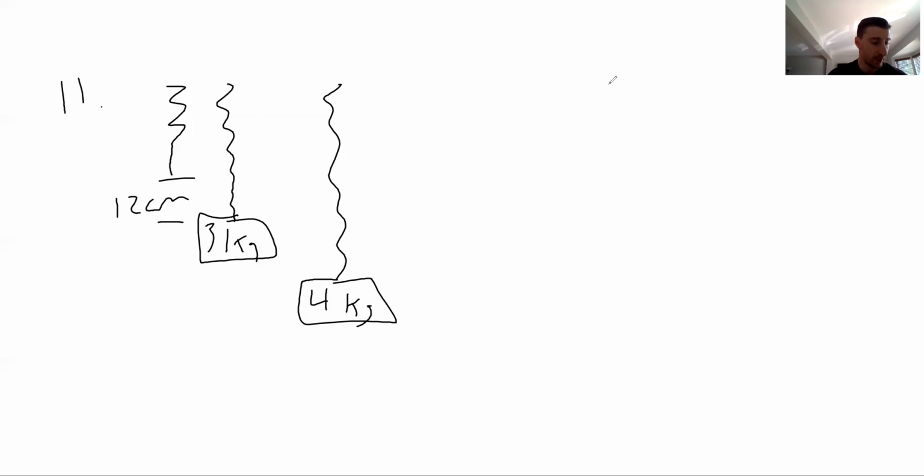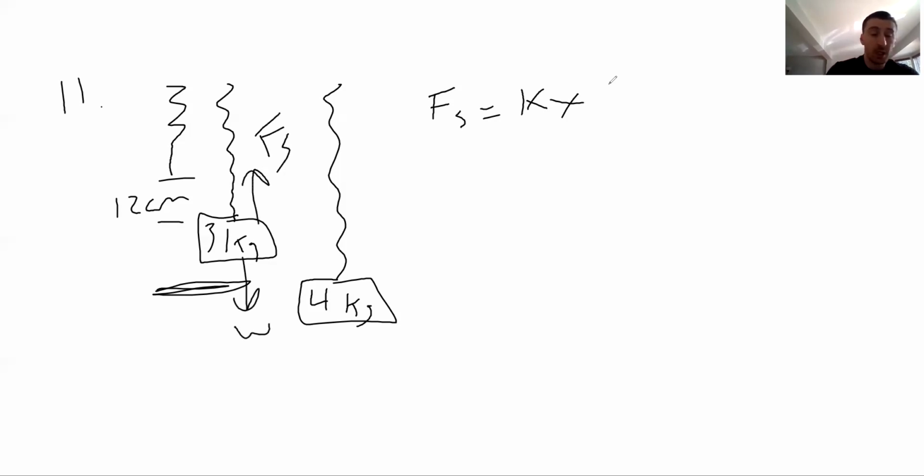So let's look at this here. What we need to do first is find the K value here. And really what you're going to need to do is look at the 3 kilogram block. So in this case, we're looking at Hooke's law, right? The force of the spring in this case is going to be equal to the weight, because the only thing that's pulling it down is the weight. The spring is pulling it up.